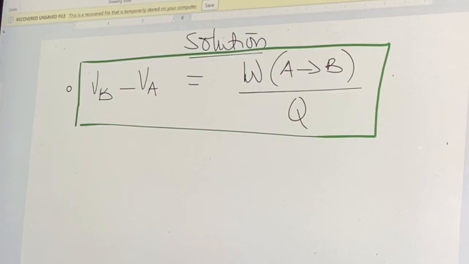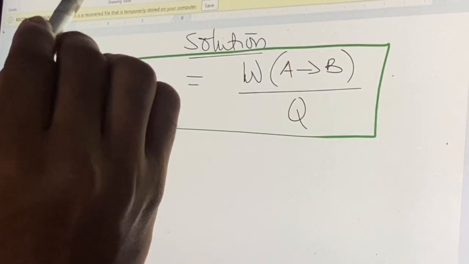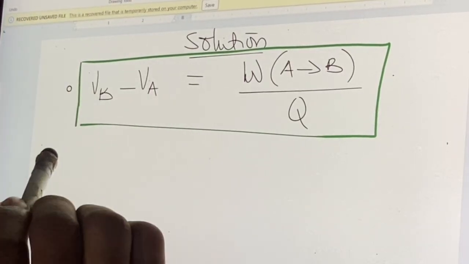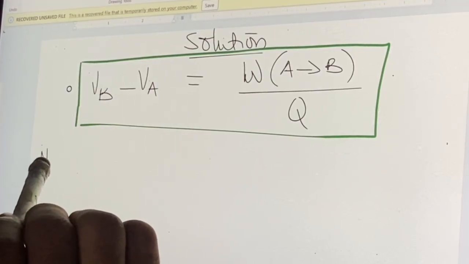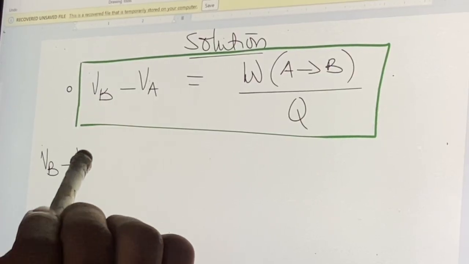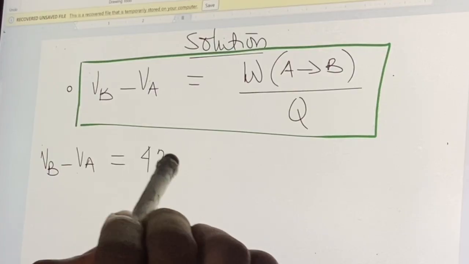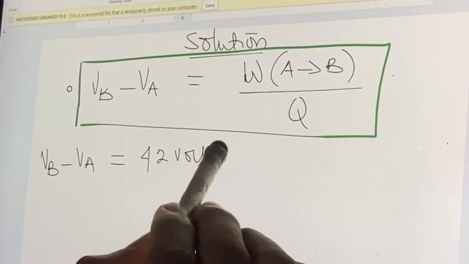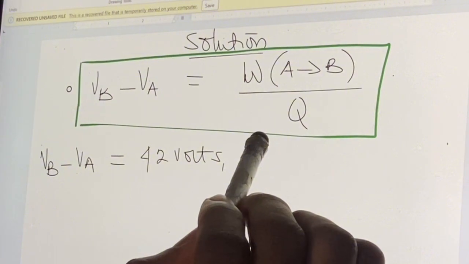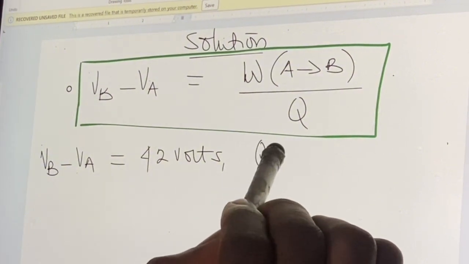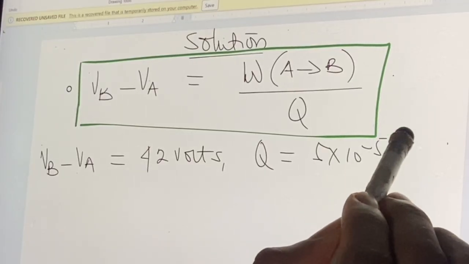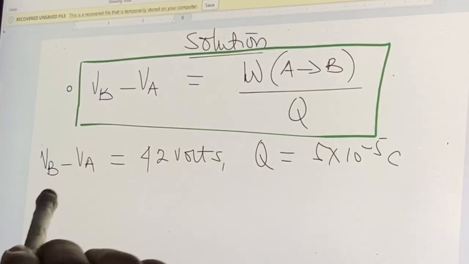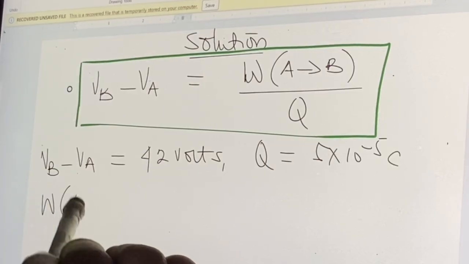So from the equation given to us here, let's represent the given parameters. The first one here is electric potential difference, which is VB minus VA is equal to 42 volts, and the charge here is given to us as 5 times 10 to the power of minus 5 coulombs, and we're asked to find the work done, the external work done.